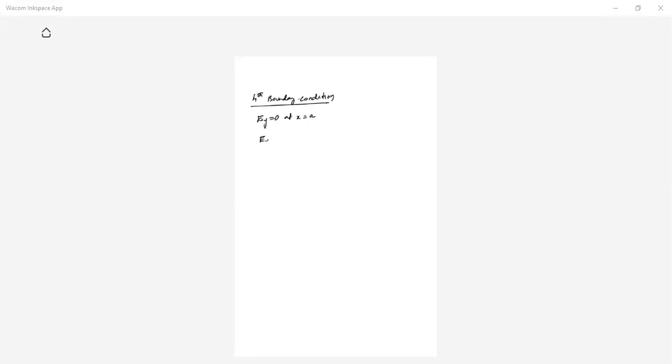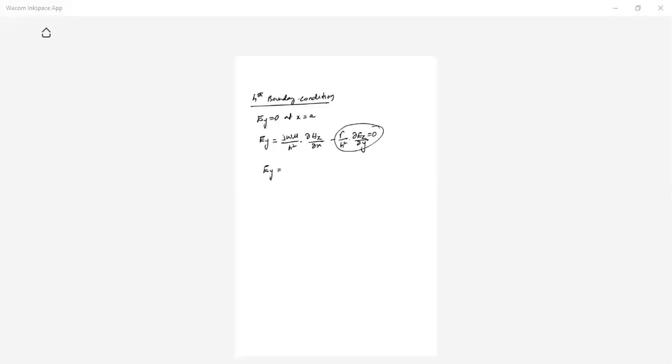So already we know the Ey value. Ey is equal to j omega mu by h square dou Hz by dou x, minus gamma by h square dou Ez by dou y, we have Ez also, but that is 0. So this term is 0, so we have only this one.